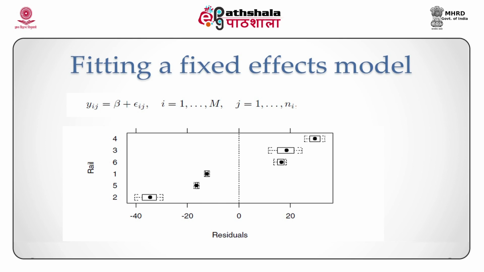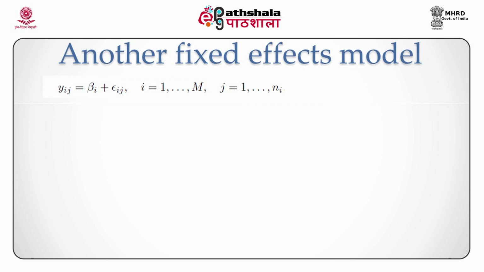So let us make an improved guess at model fitting and include the effect of the rail. So here, rather than fitting the model y_ij equal to beta plus epsilon_ij, which ignores the effect of rail, we have fitted a model which is y_ij equal to beta_i plus epsilon_ij, i equal to 1 to m, and j equal to 1 to n_i. So beta_1, beta_2 to beta_m are the mean times taken to travel across the ith rail, and they are m fixed parameters in this model.